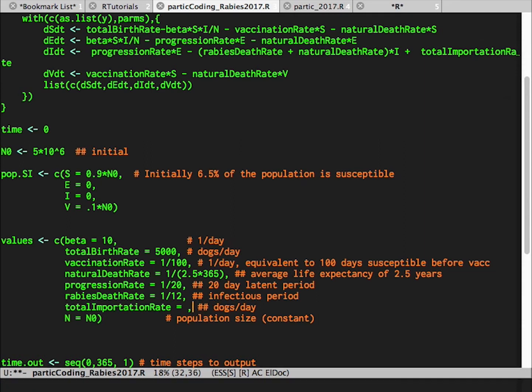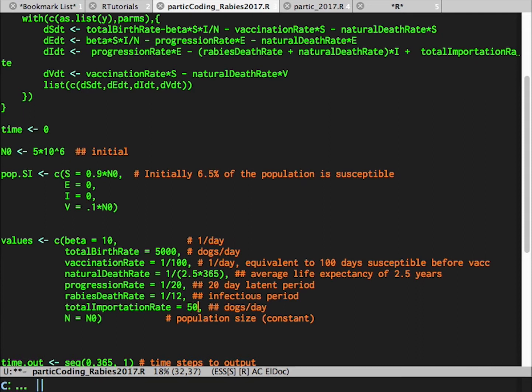And how many infected dogs per day do we want coming into this dog city of 5 million? 50? Okay. Let's start with 50 and see what happens. Seems like a lot to me too, but yeah, it's a big dog city.